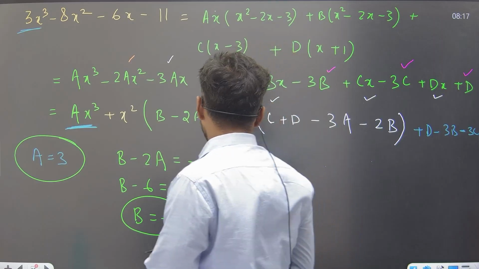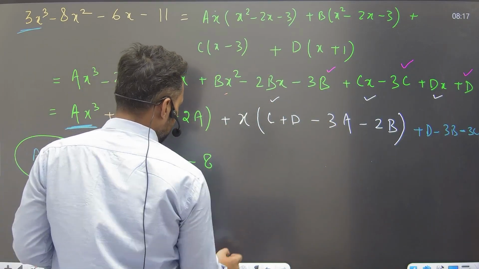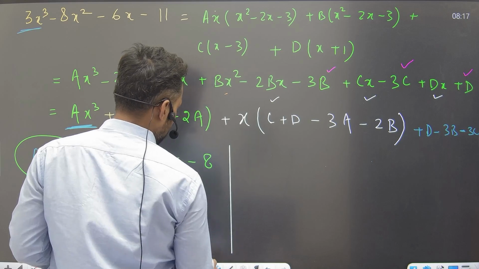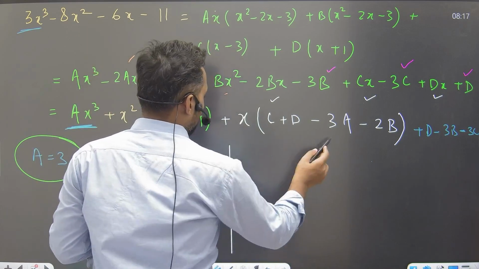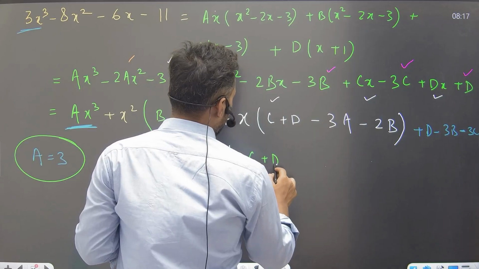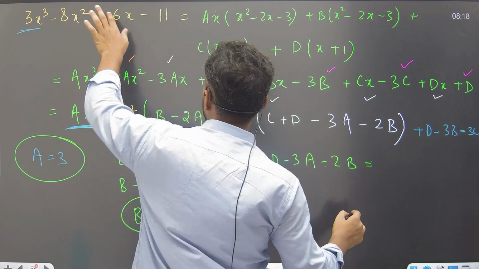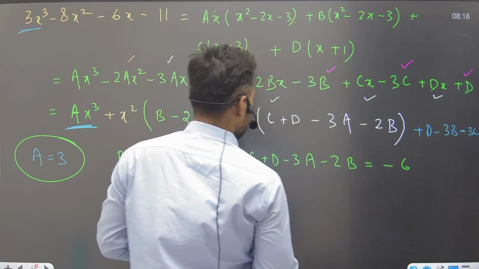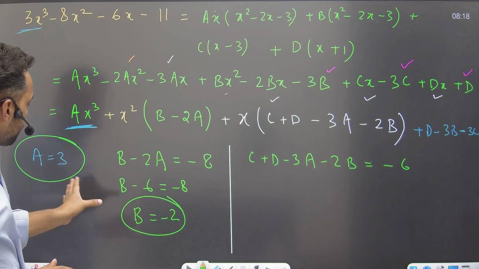Now compare the coefficient of x, students. On the left hand side it is minus 6, and on the right hand side it is c plus d minus 3a minus 2b, which equals minus 6. Now plug the values of a and b here.